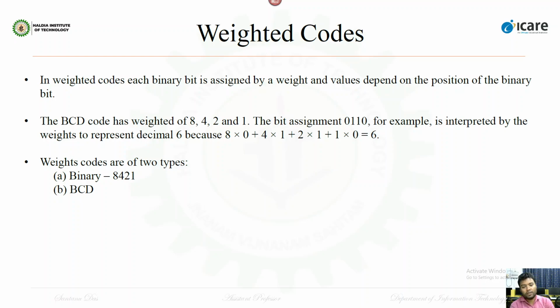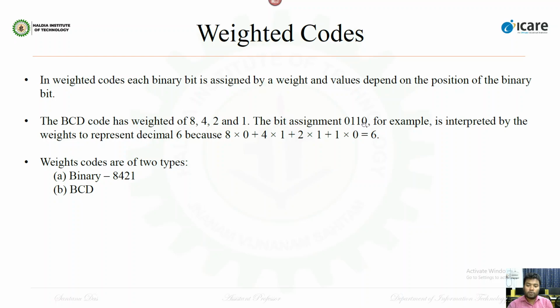That means the LSB is assigned the weight 1 and the MSB is assigned the weight 8. Here you can see, for example, 0110, each bit has its own weight, and this is our LSB and this is our MSB.